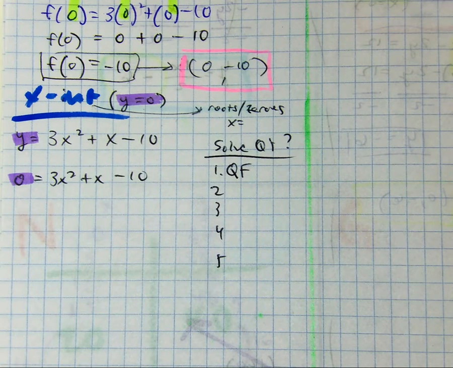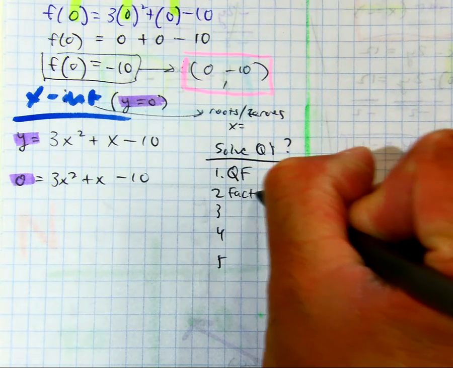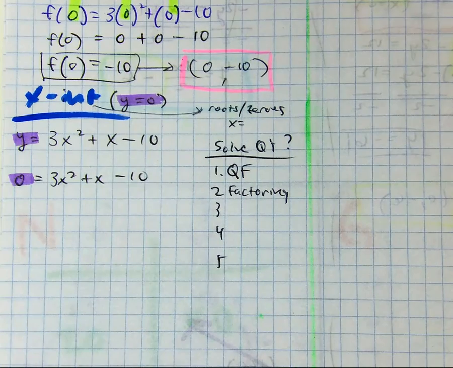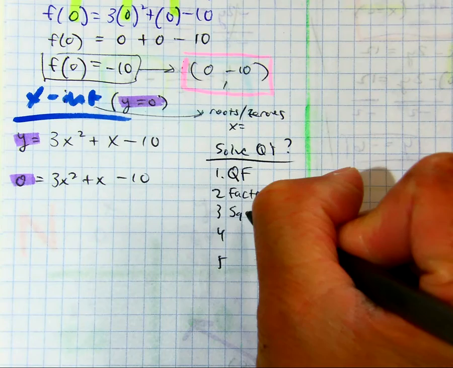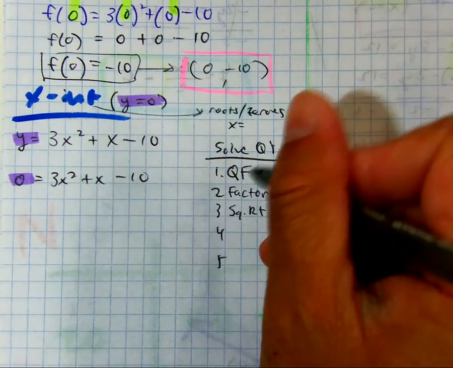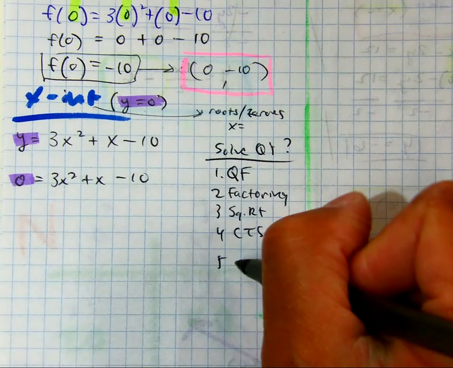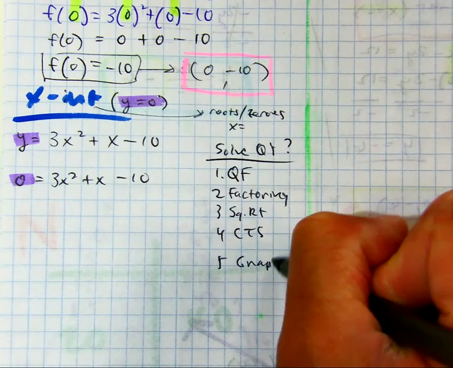Factoring? Square root method? Completing the square? And if you graph it. These are the 5 ways you solve quadratics.